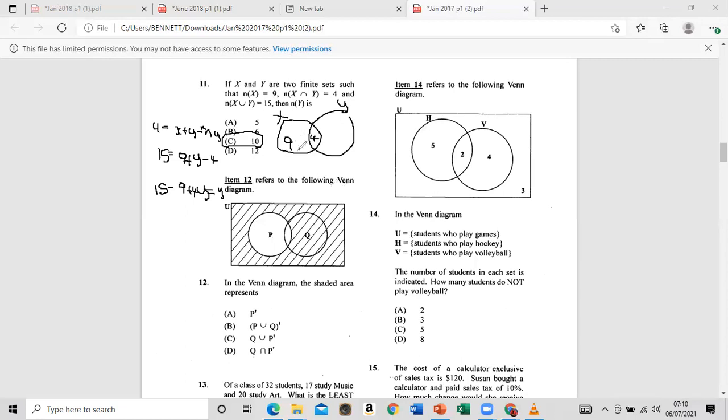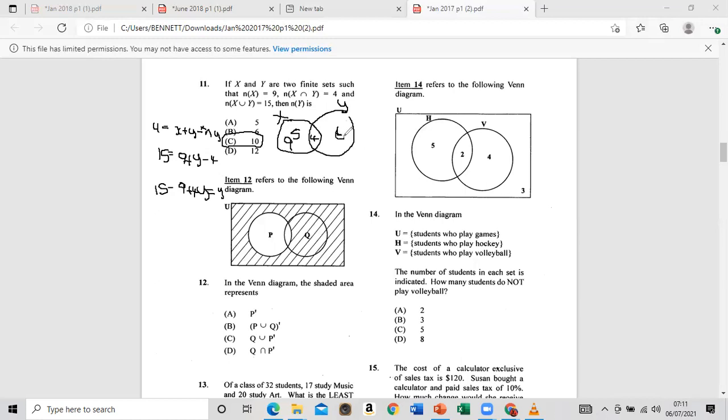So in the end, we minus 9 from 15, which gives 6. 6 plus 4, 10. So in the end, this will go to 6.